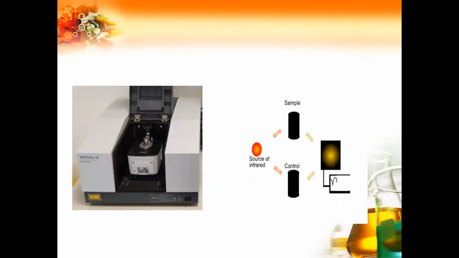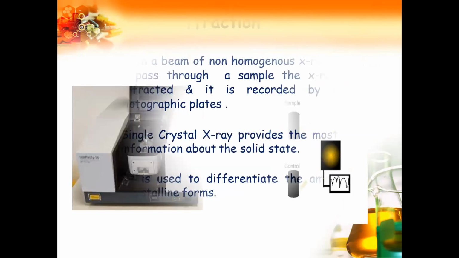Here you can see the IR spectrophotometer. This is a source which emits light radiation at specific frequencies, which goes through the sample and produces a spectral graph that helps analyze the functional groups present in that compound.